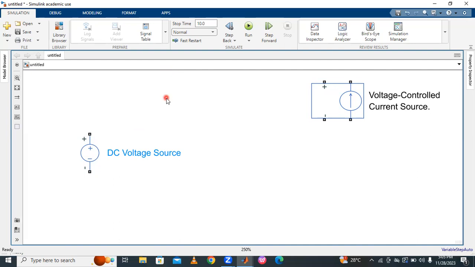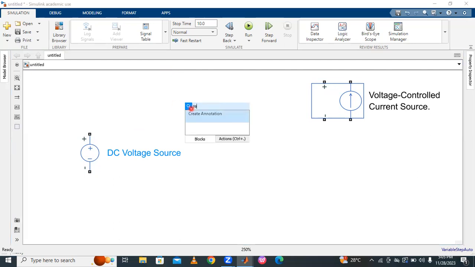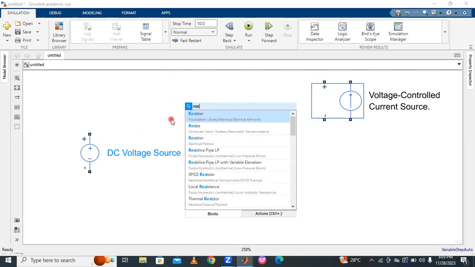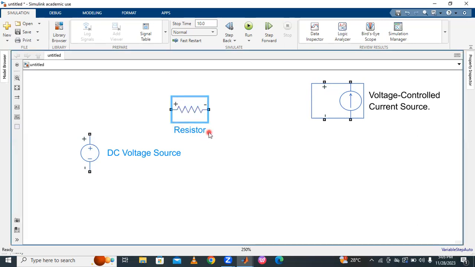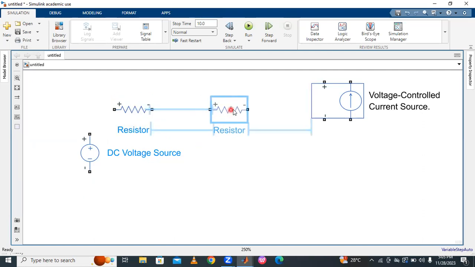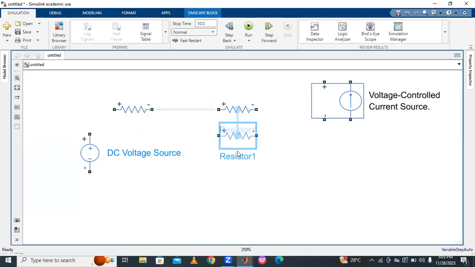Take one resistor. This is called a resistor. Take one more resistor: right click, copy, paste like this, and one more resistor. Press Control R to rotate it like this.